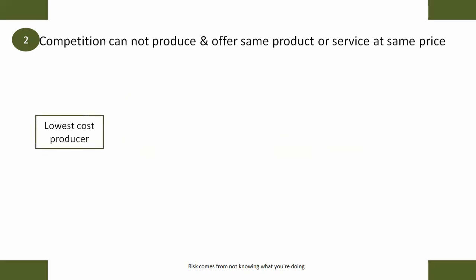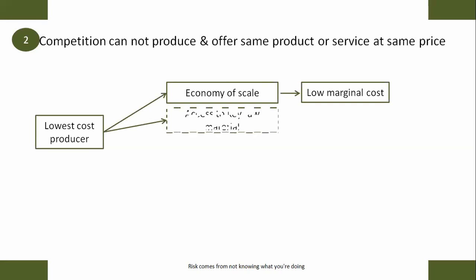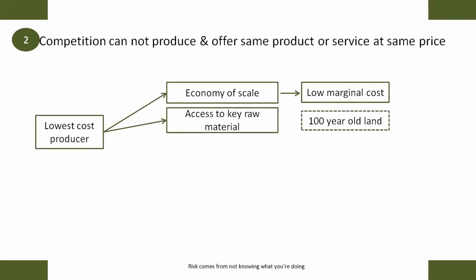So it means you are more like the lowest cost producer, and it could be because of economies of scale, which give you low marginal cost. The second is access to a key raw material, for example, if you have 100-year-old land or access to your own mines.